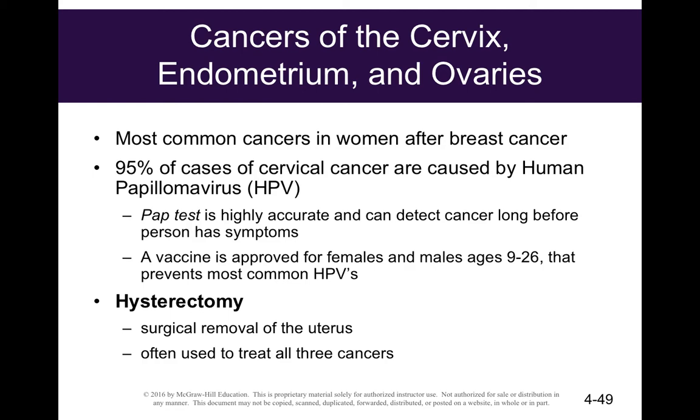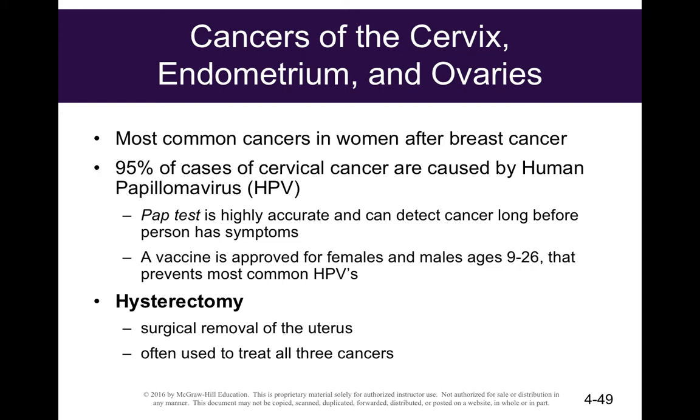The most common cancers in women after breast cancers are cancers of the cervix and endometrium and ovaries. 95% of cases of cervical cancer are caused by the human papillomavirus, HPV. The Pap test is highly accurate, and it can detect cancer long before a person has any symptoms.